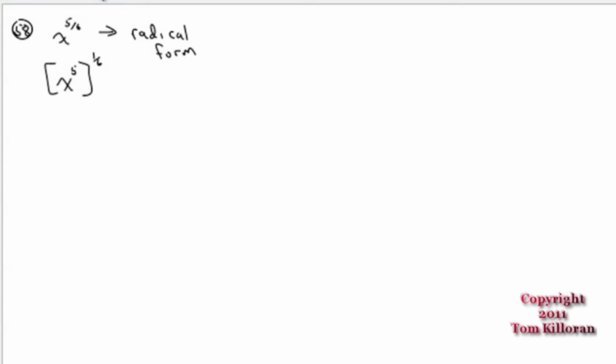All right, so what's the 1/6 power represent? The index, so we get a radical. The index is 6. Inside is x to the 5th, which is exactly the same as the 6th root of x, all raised to the 5th. Either one is acceptable. Now, be careful. The computer probably only accepts the first one.